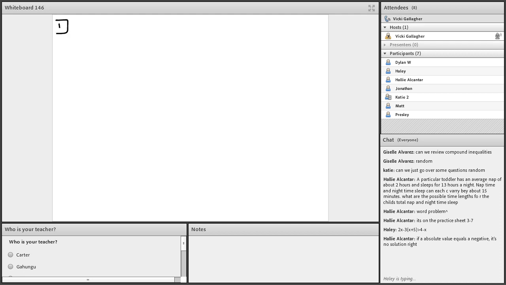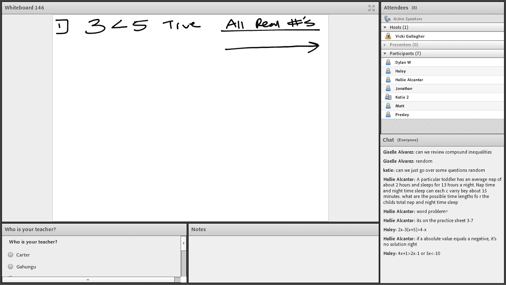So you can get all real numbers with a single inequality. And so if you have a single inequality where there's no more variables and it says like 3 is less than 5, then you say, yeah, 3 is less than 5. That's true. And then on the answer line, you write all real numbers. And if you're going to tell me that the answer is all of the answers, it's all real numbers, then on the number line, you need to show me that everything in the whole world is an answer.